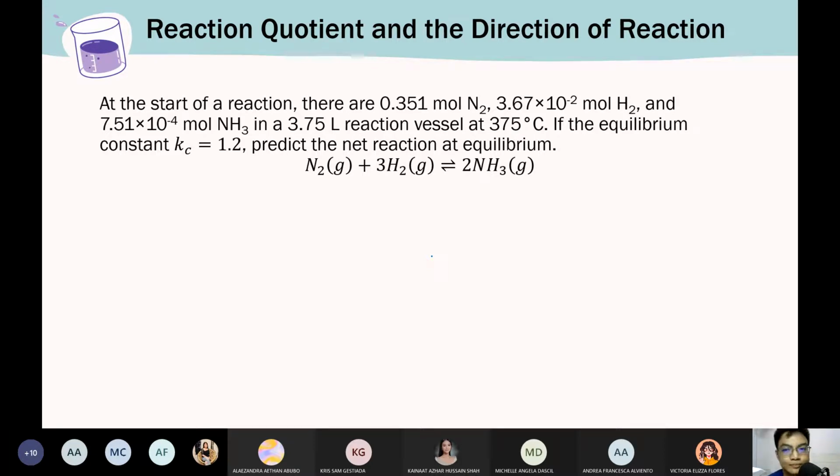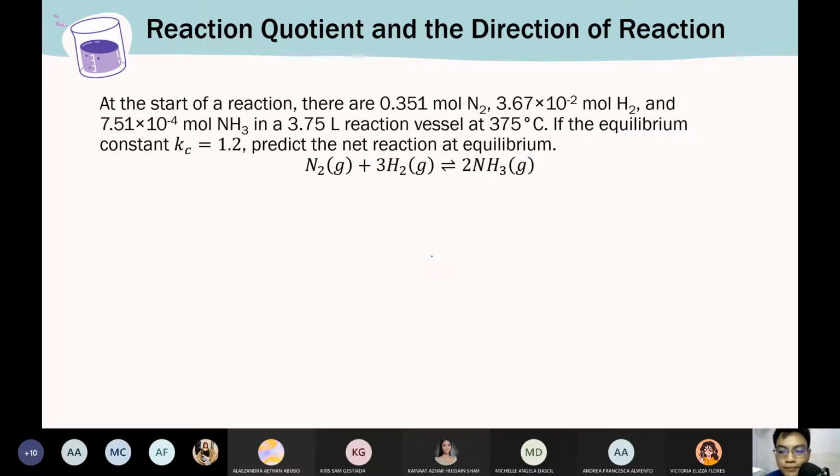What does it say? At the start of the reaction, that is the amount of our chemicals. Once you hear the term at the start, or initially, it suggests that you have to look for the reaction quotient. That is the interpretation right away.